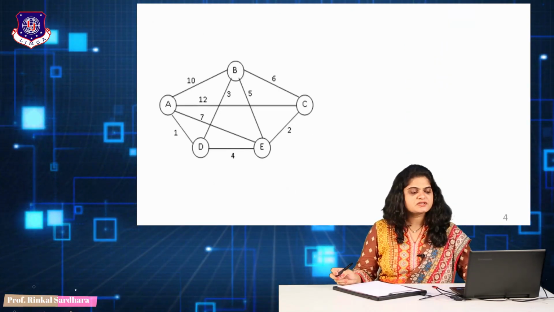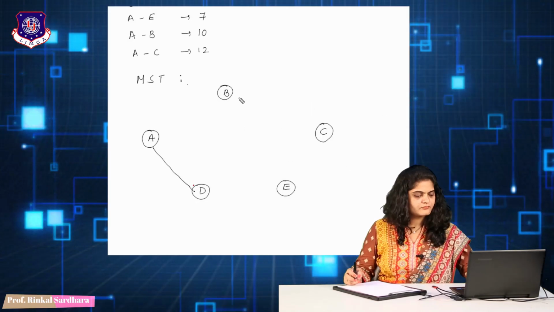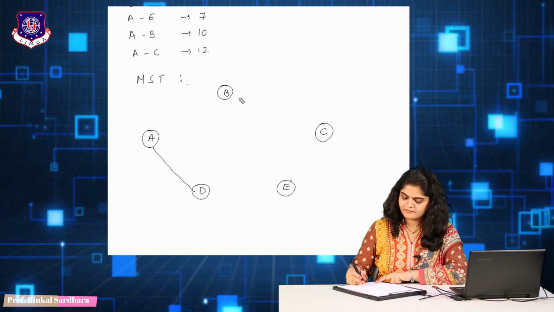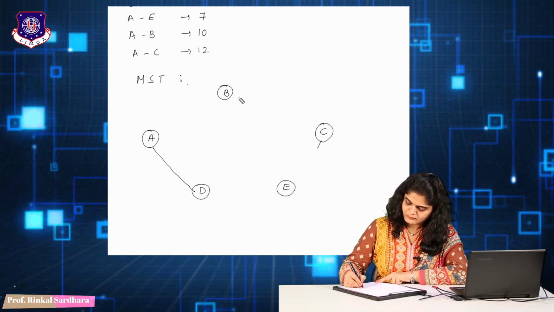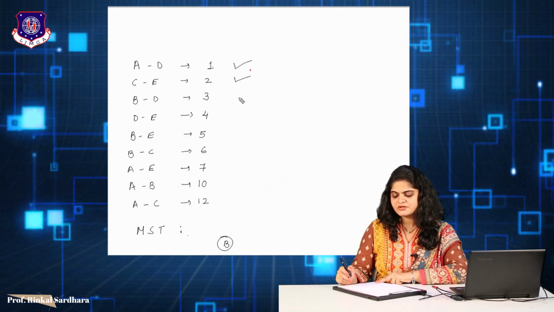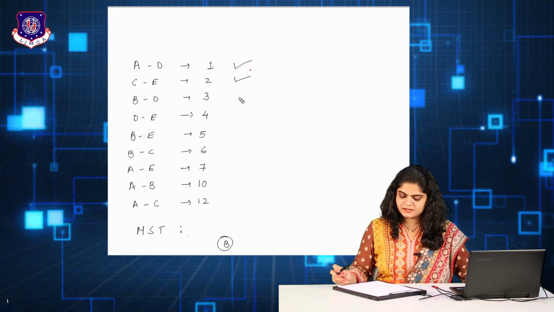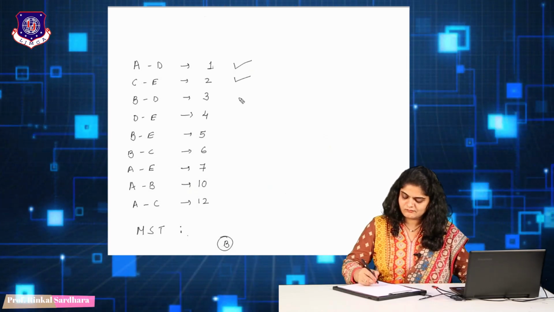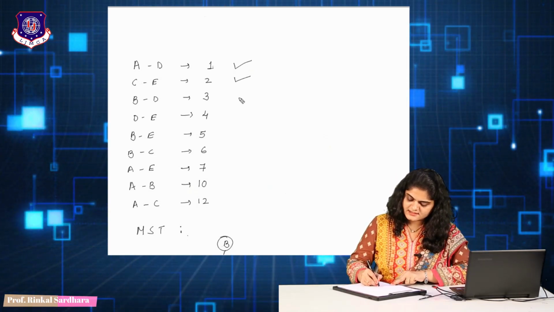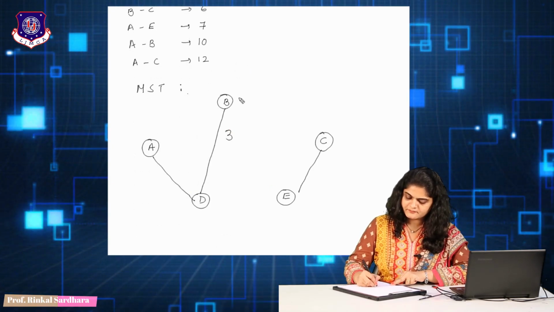The next edge is C to E. Cycle is not there, so you can add that edge into the minimum spanning tree. Next is B to D. Again, cycle is not there, so you can add that edge into the minimum spanning tree.